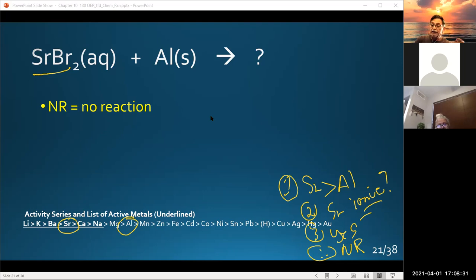Keep in mind, if it doesn't go as written, guess what? If I rewrite it a different way, it will react. If I say, would this reaction react? Aluminum bromide plus strontium.